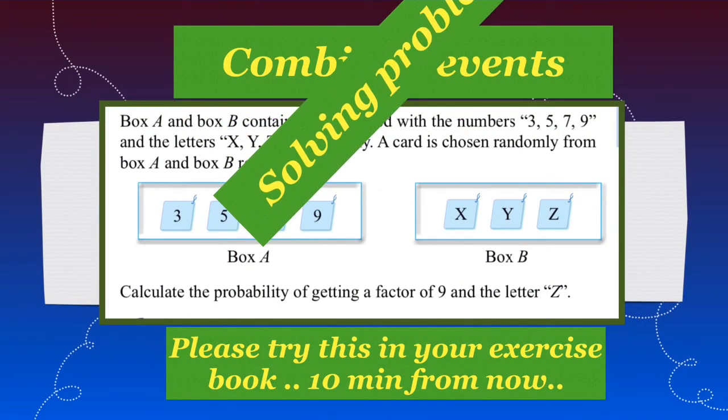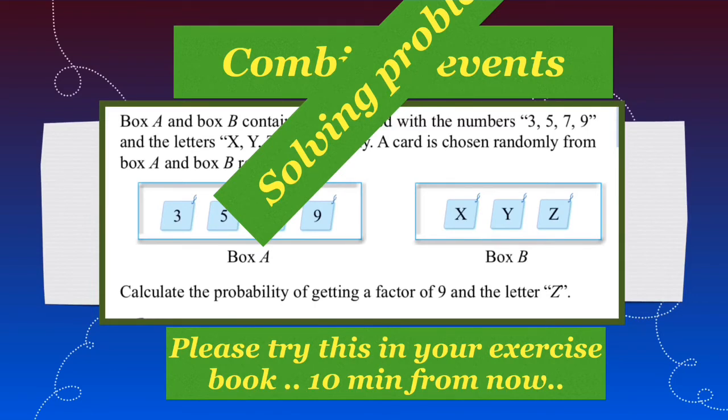So we proceed to solving problem. Box A and box B contain cards labeled with numbers 3, 5, 7, 9, and the letters X, Y, Z respectively. A card is chosen randomly from box A and box B respectively.